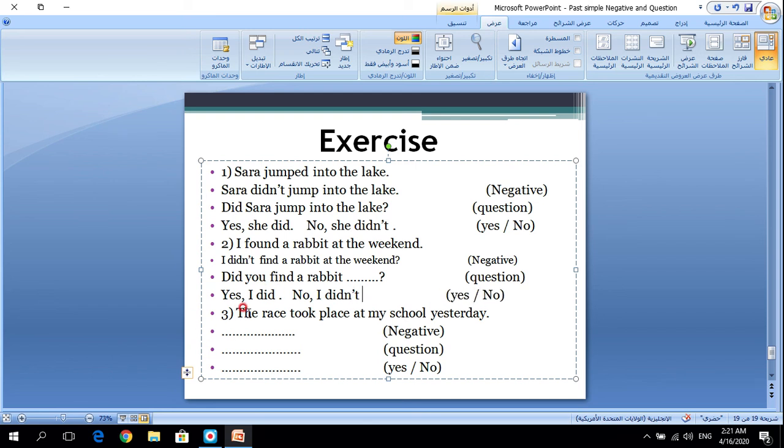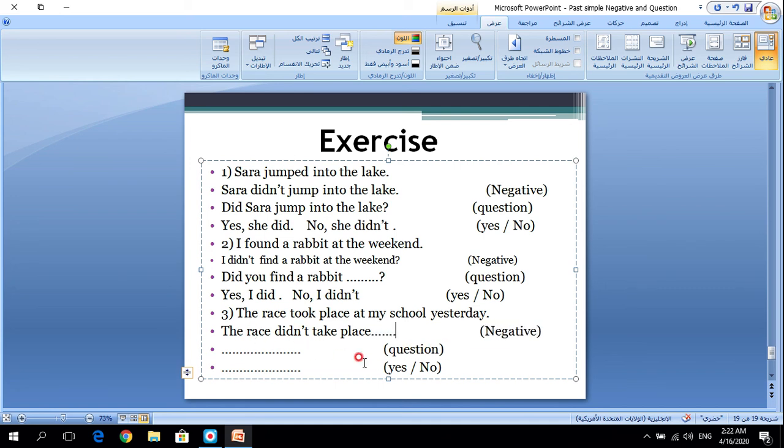Okay, the next one. The race took place at my school yesterday. The first form will be negative. The race didn't take place. Yes, took, this is an irregular verb. Take place. Then complete the sentence.